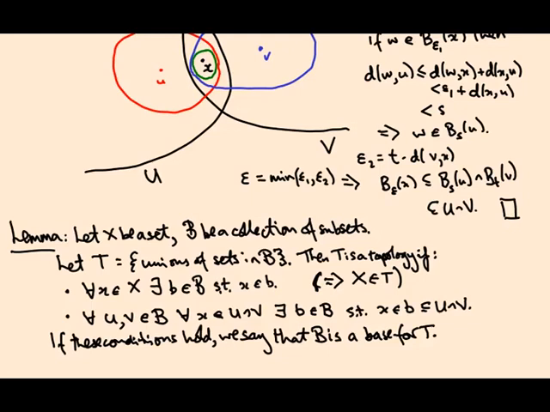So I want to use this now to define what's called the product topology. This is a way of generating new topological spaces.